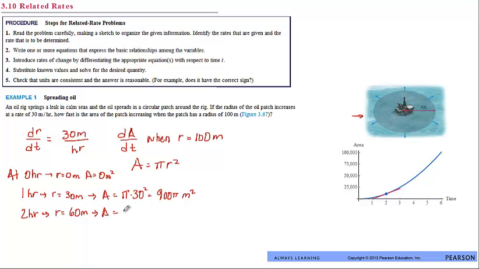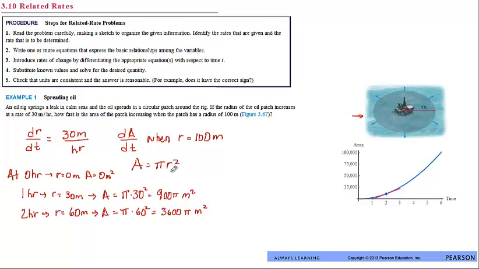The area is going to be pi times 60 squared, which would mean 3,600 pi meters squared. So this area is changing at a different rate.